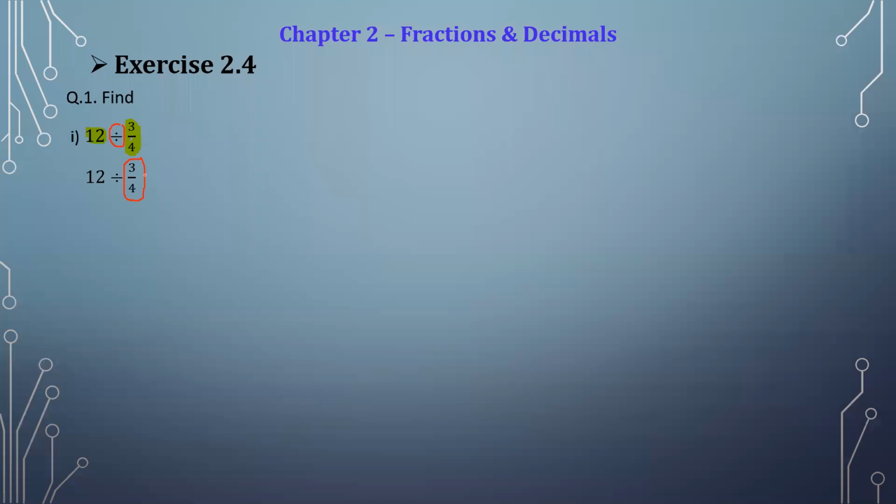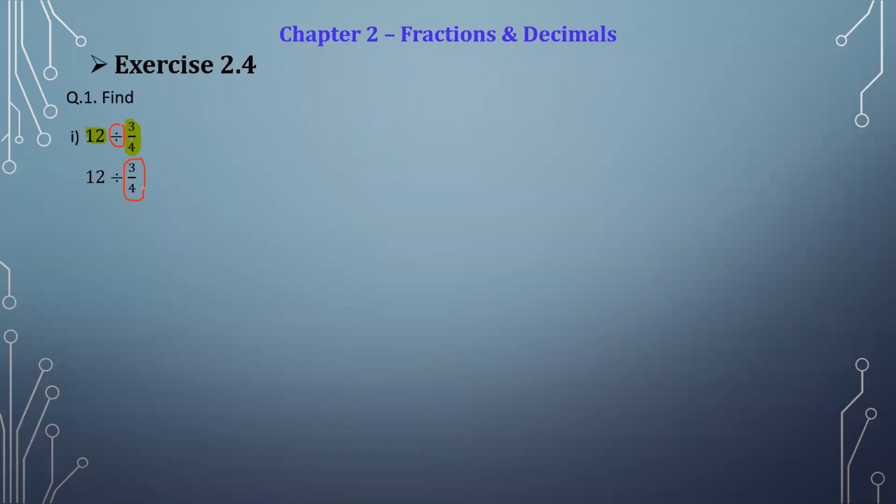In the reciprocal of 3 upon 4, the same numbers will be involved, that means 3 and 4. The only difference is that you have to change the position of the numerator and denominator, and you get your reciprocal.